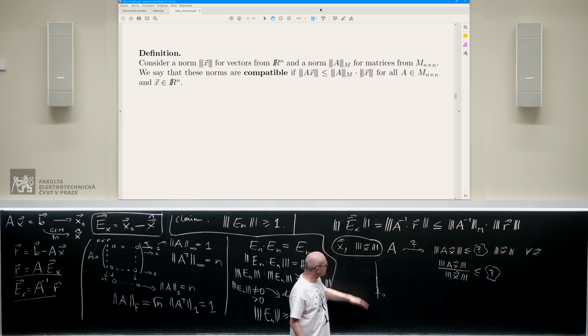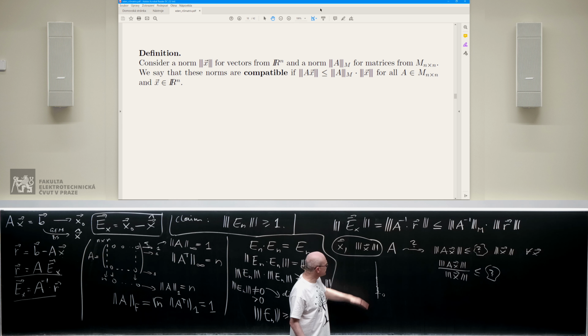However, what we don't really like is the presence of the actual solution here because we don't know it. This is really bad. So what we do is this. The actual solution must satisfy the original equation. And therefore, Ax0 must be exactly equal to b.